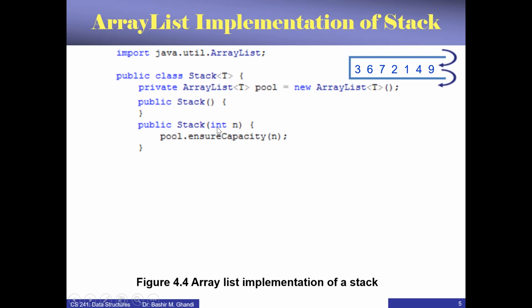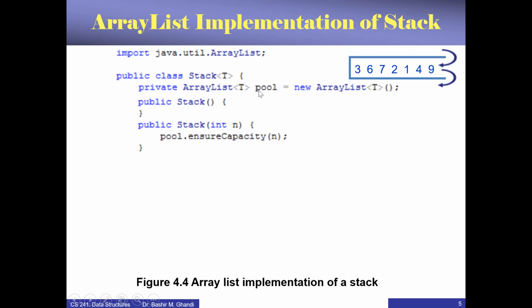So that's why we are allowing the integer n here to be received, and we will then use the ensure capacity method. I'm sure you remember this method. This will make sure that the array list that has been created here will be immediately expanded. Well, not expanded actually, but another one will be created to be of this size.